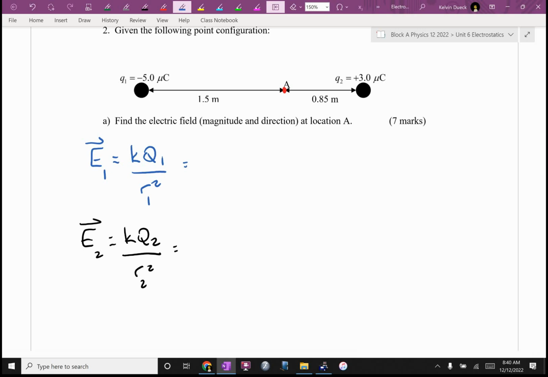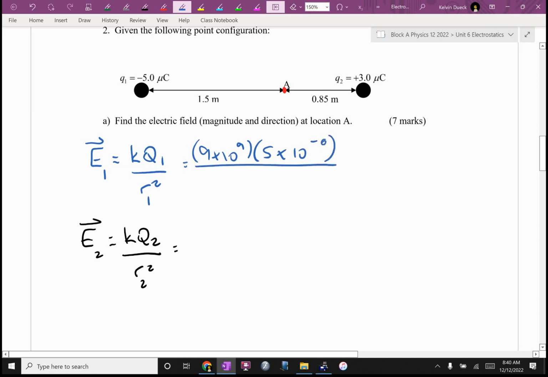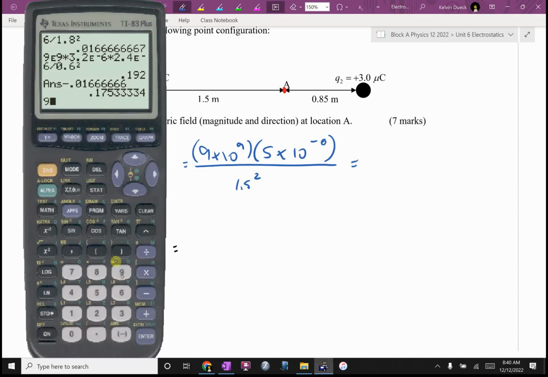Electric field is a vector, so I'm going to find both magnitude and direction. The magnitude is going to be 9 times 10 to the 9th, not negative, 5 microcoulombs, all over 1.5, don't forget the squared. 9 times 10 to the 9th times 5 microcoulombs divided by 1.5.